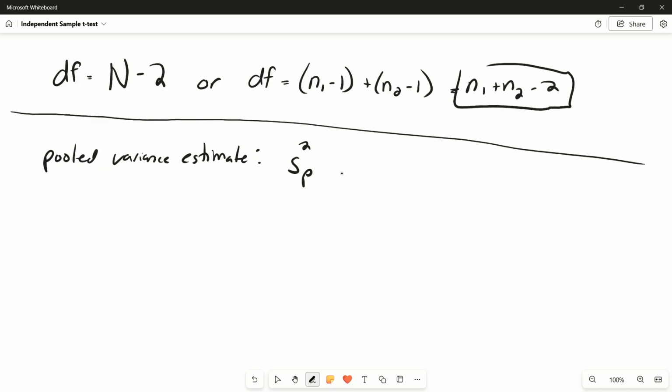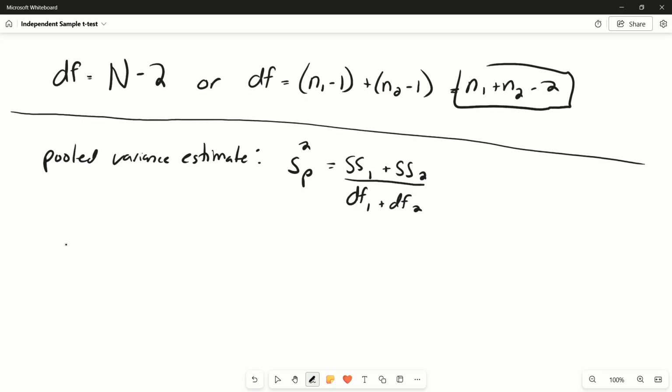S squared is sample variance. S squared sub P is equal to the sum of squares for group 1 plus the sum of squares for group 2, over the degrees of freedom for group 1 plus the degrees of freedom for group 2. So we have to calculate the sum of squares for both samples and the degrees of freedom for both samples, plug it in, and we get the pooled variance estimate.